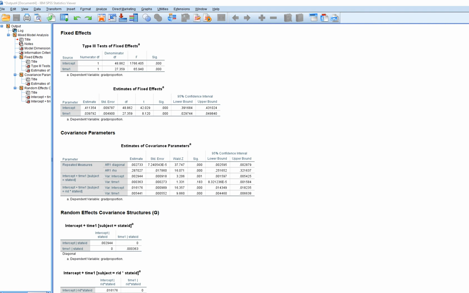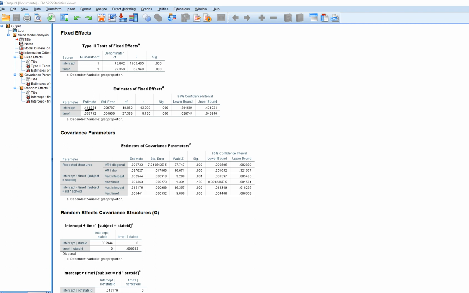When we scroll down, you'll notice that we have the intercept, which is 0.411, and given the coding on our time variable, which ranged between 0 and 1, we can say that this is the initial graduation rate across the states, or between the states.